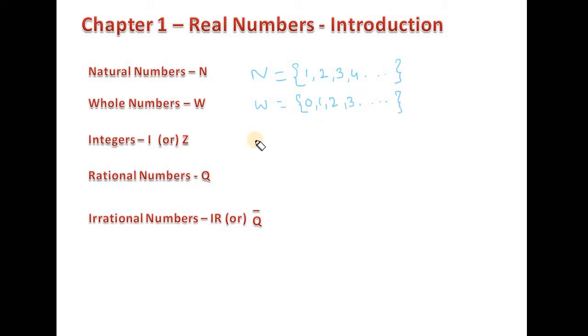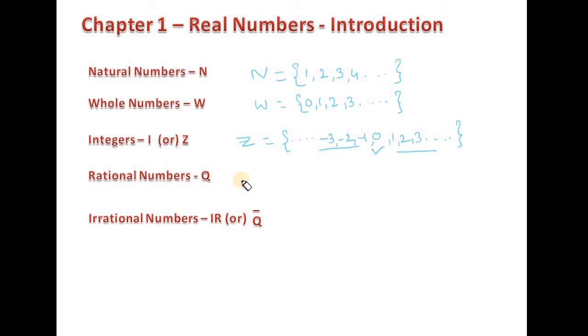If you talk about integers, let's say I denote it with Z, there will be negative numbers, let's say minus 3, minus 2, minus 1, 0, 1, 2, 3 and so on. There are negative numbers, positive numbers and 0 is also there.